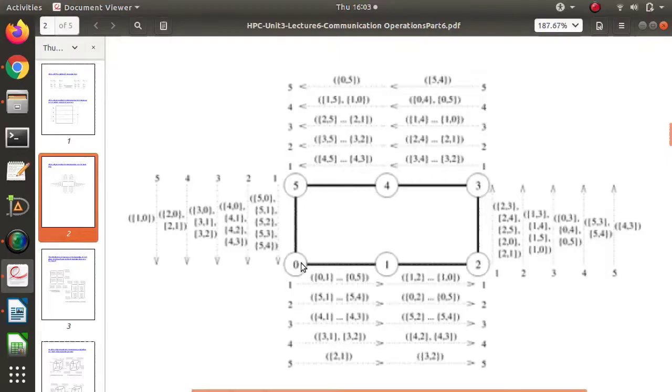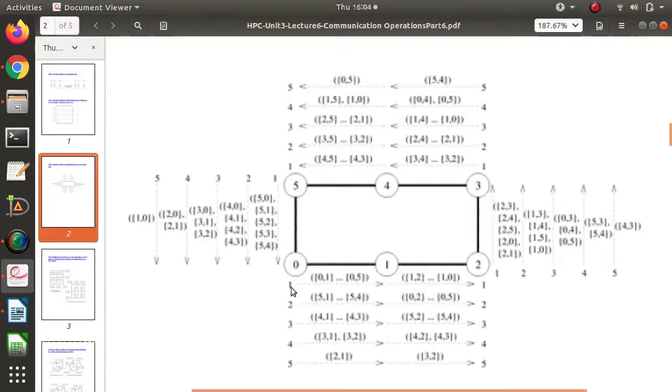Keep in mind, in the beginning, whatever messages they have are sent in the next step. Okay, and every time one message is getting dropped or reduced, and what is the reason? Because that node is keeping the message for which that node was the destination. So it will keep that message with itself, and the remaining messages it will forward.